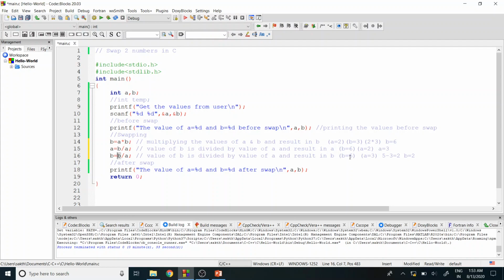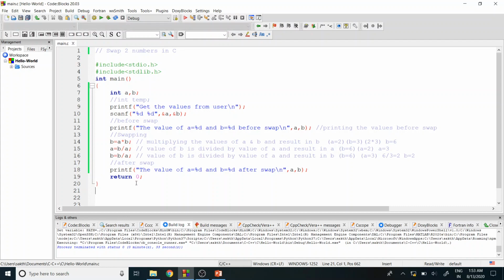So now we divide 6 by 3, and that value is equal to 2, and the B value is modified to 2. These are the basic operations happening with the multiplication and division operators here.